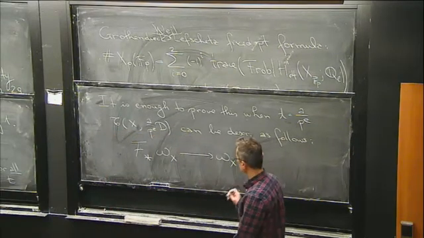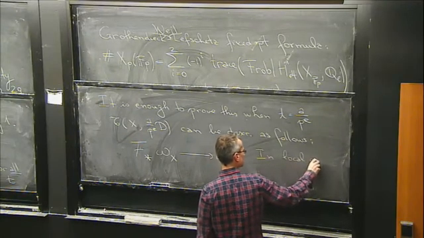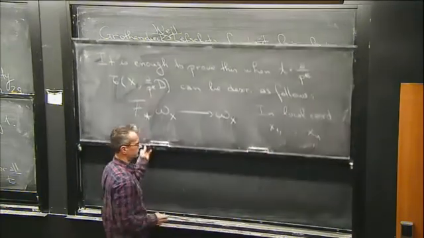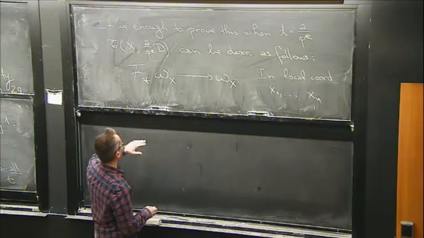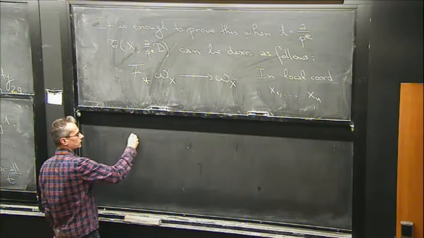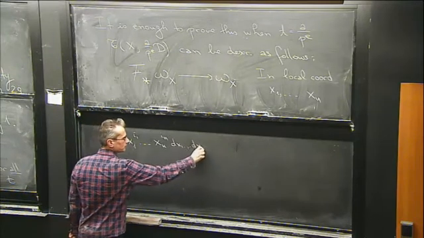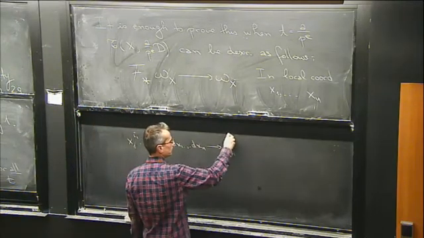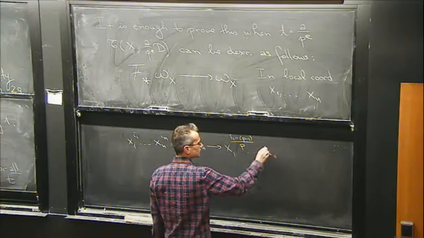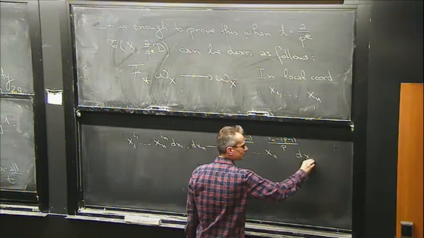In local coordinates x1 up to xn, it takes x1 to the I1, xn to the In, dx1 through dxn, to x1 to the (I1 minus (p minus 1)) over p, xn to the (In minus (p minus 1)) over p, dx1 through dxn.